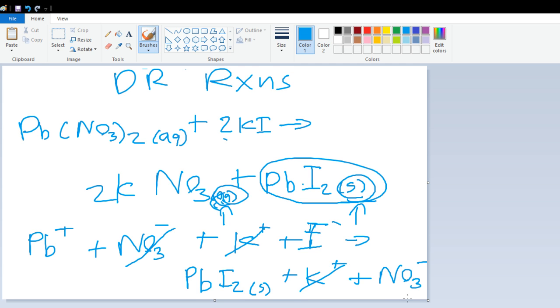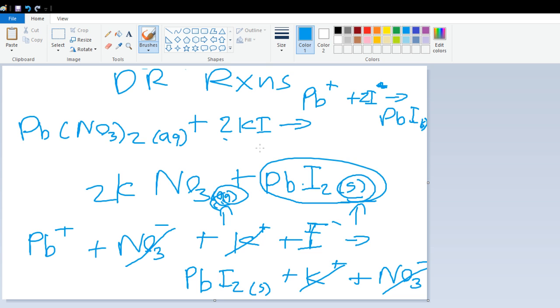If we took those out of the equation, the net ionic equation here would be lead plus two iodines is going to equal a lead iodide reaction, or precipitate. And that's everything you're going to need to know about double replacement.